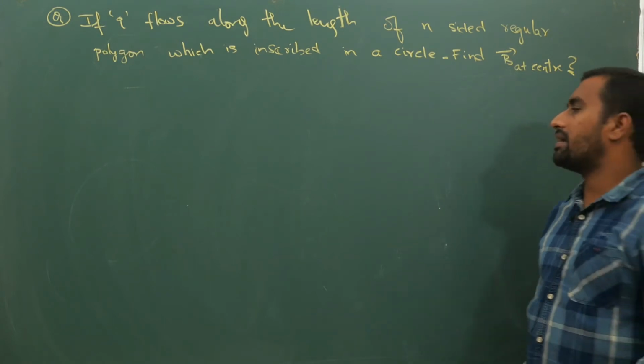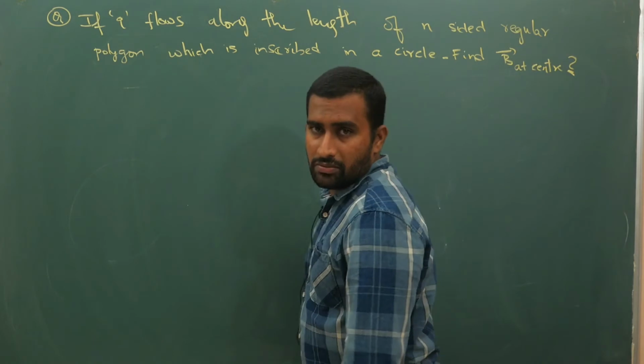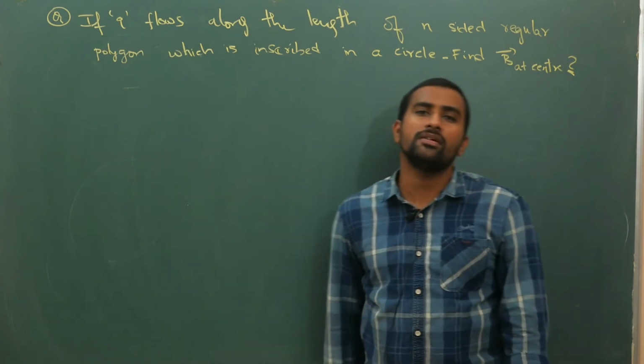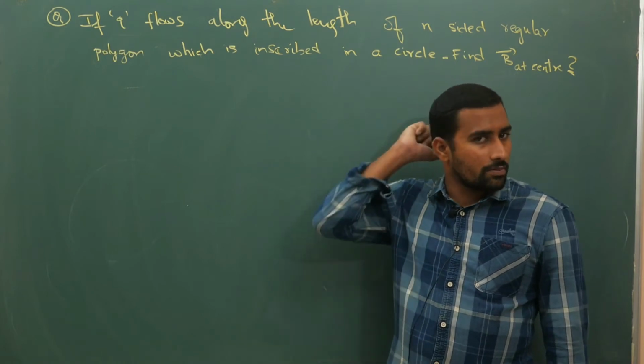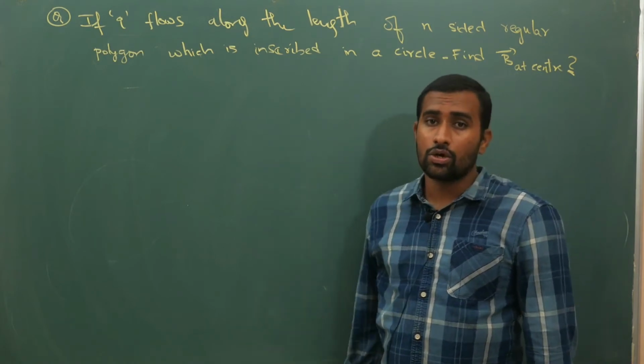I hope you have tried it enough. Now, if it is a regular polygon, obviously the sides are equal. So at the center, how much is the angle? Obviously it is 360 degrees, which is 2 pi.